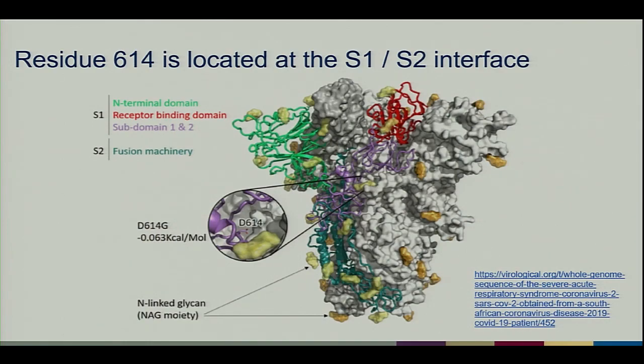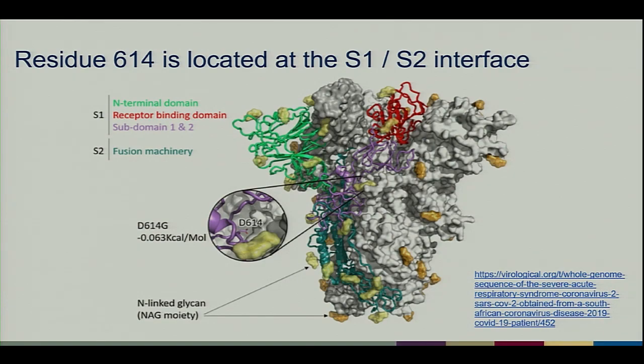Now, you may have seen in the literature that there is a variant that has emerged as the more dominant circulating variant. And that has a coding mutation in the spike protein at residue 614. This is a structure that I pulled off of the web of the spike protein in its trimeric form. Here the receptor binding domain is shown in red, and the N-terminal domain is green. And the D614 residue is zoomed in there, right at the S1 and S2 interface.